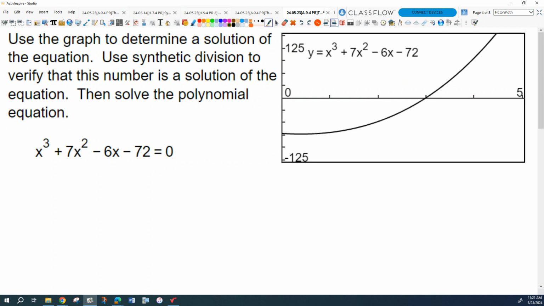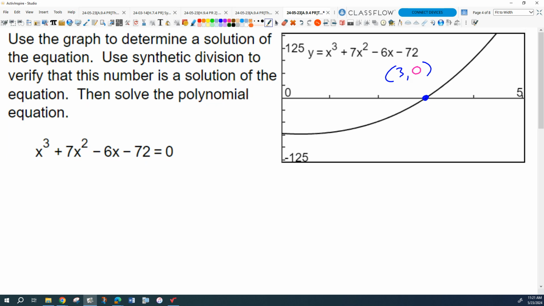What do you think is the important clue that that graph gives us? Yeah, look, it gives us an x-intercept. Very important. What is the number value of that x-intercept? Well, I want the x value. 3. Okay, good. So we know that the coordinates of that x-intercept are 3, 0.